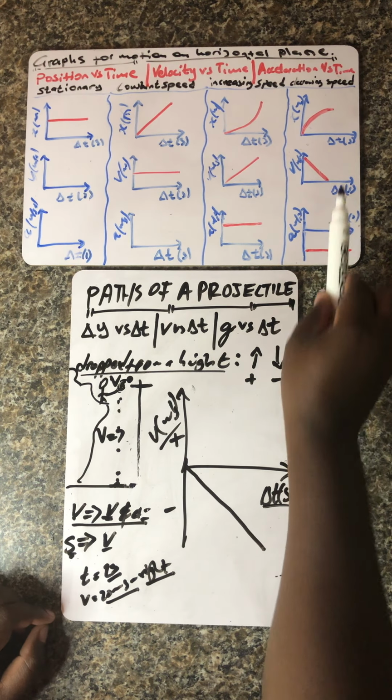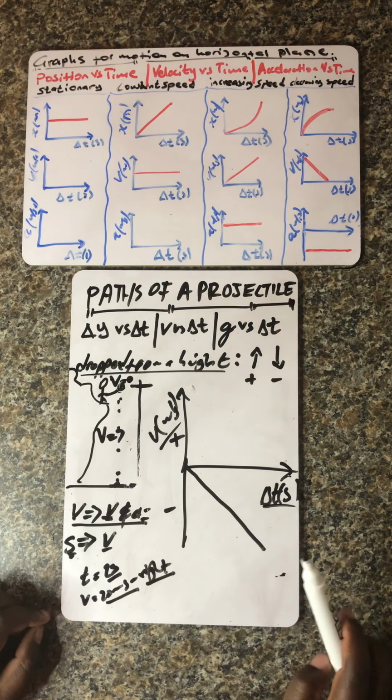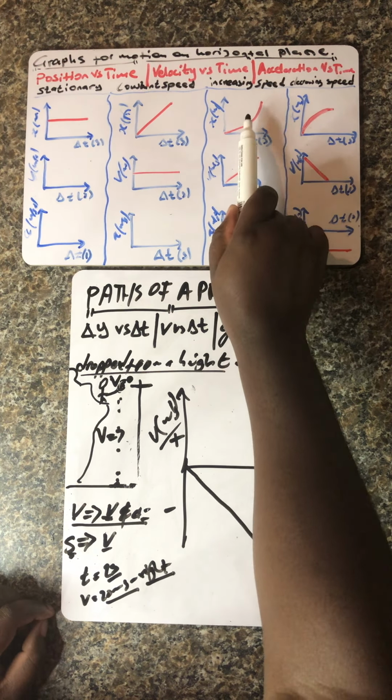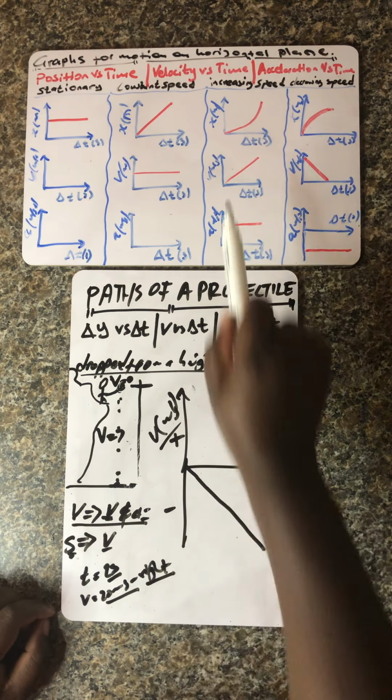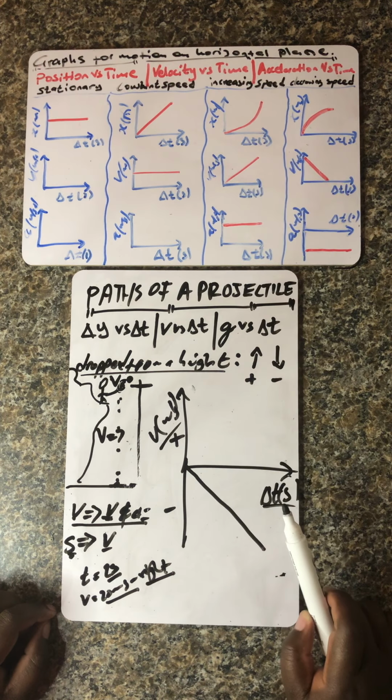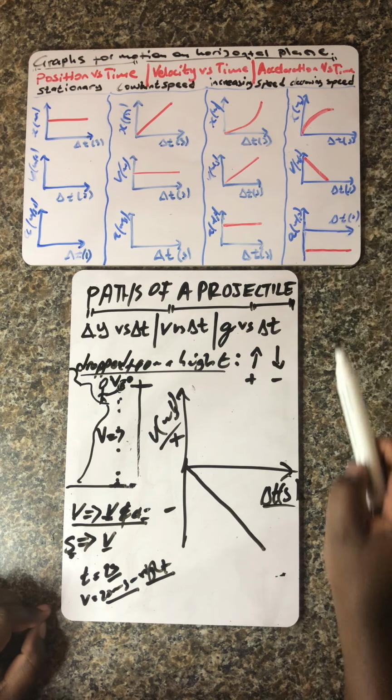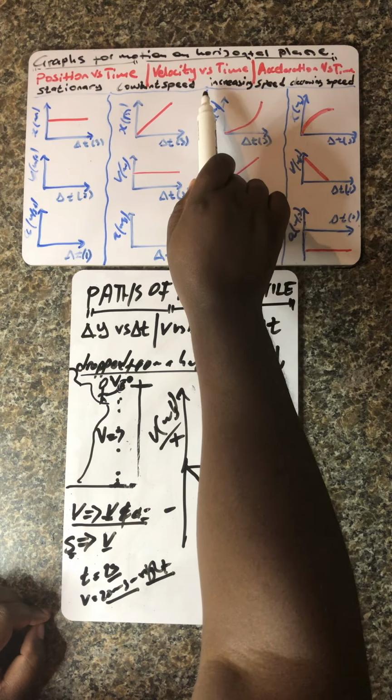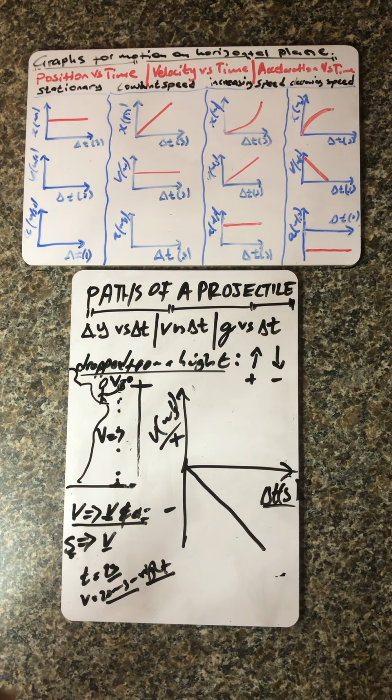If you have a look at the previous lesson, you will realize that we've got two cases there with a curving shape, and it only occurs where we've got increasing speed or increasing velocity.